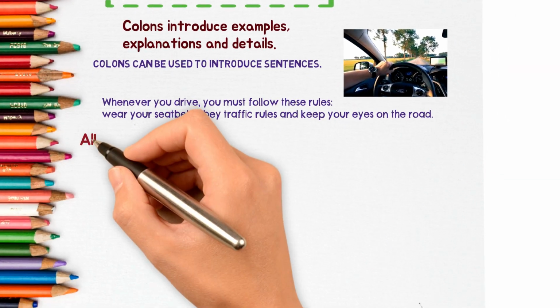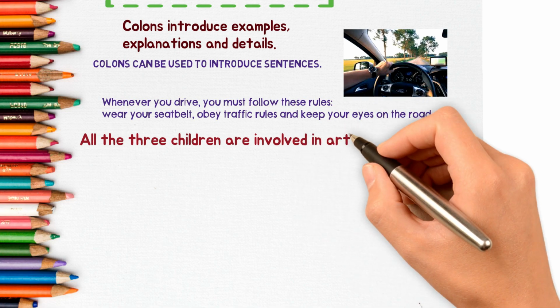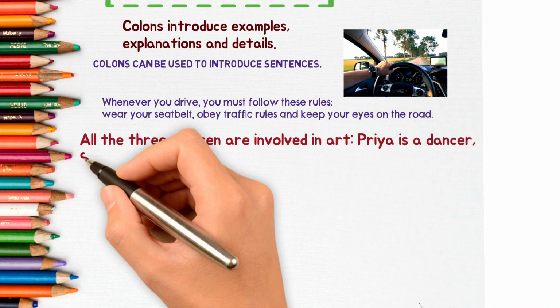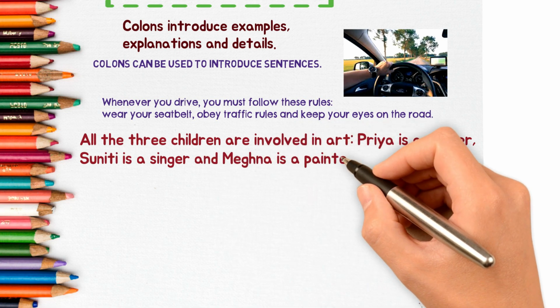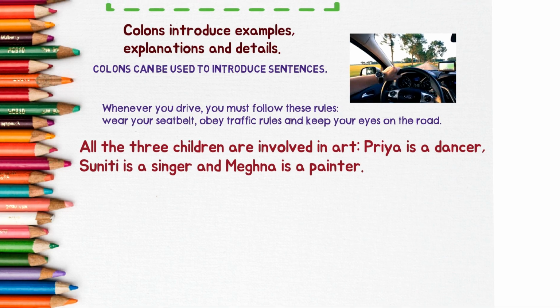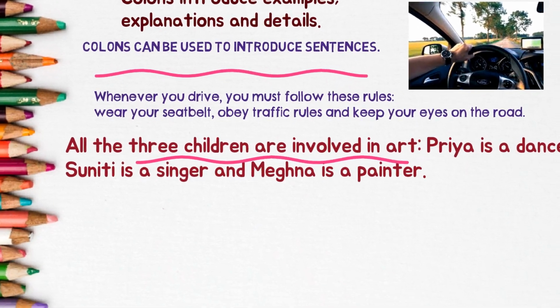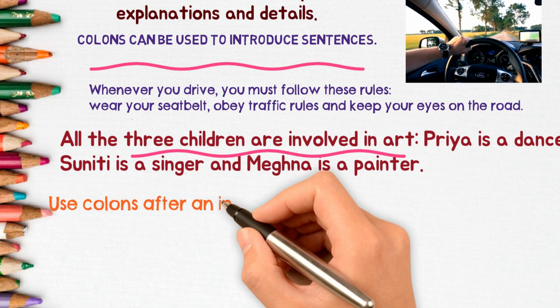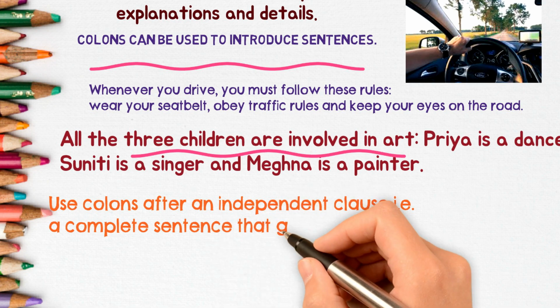For example, all the three children are involved in art: Priya is a dancer, Suniti is a singer, and Meghna is a painter. Just notice the use of colon after this independent clause, all the three children are involved in art. And after the colon, we have some clauses. So, this is the use of colon to introduce items or give information about something.